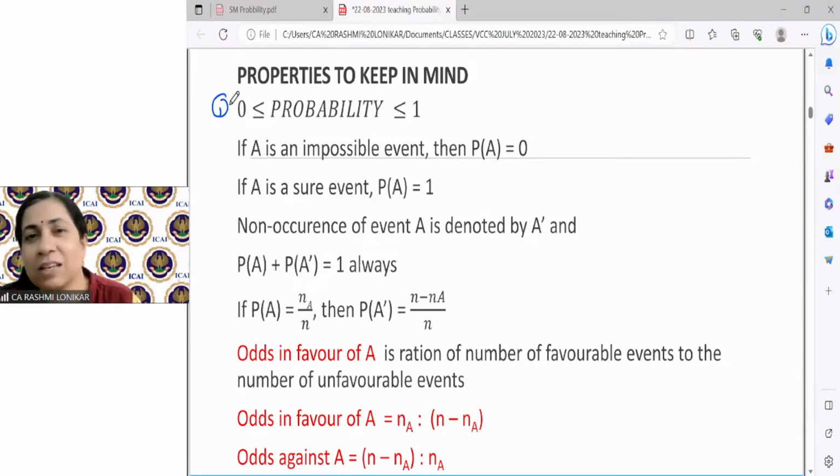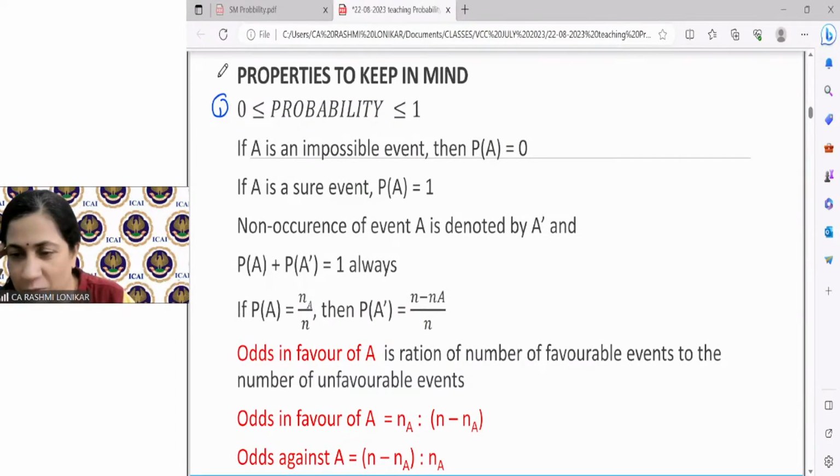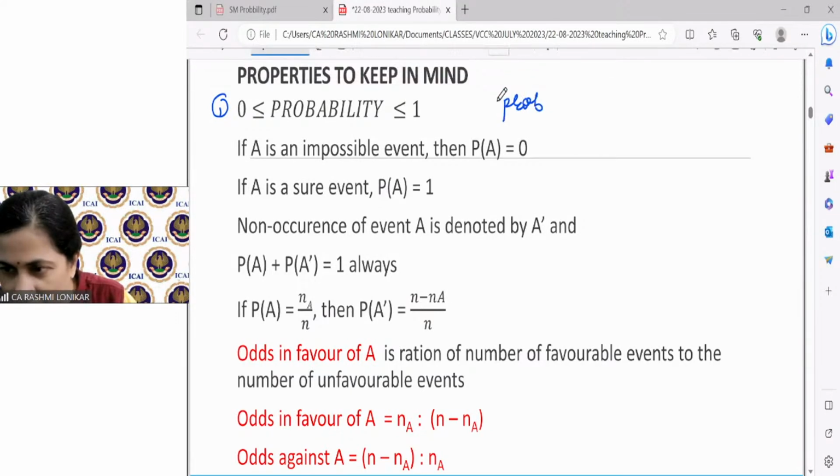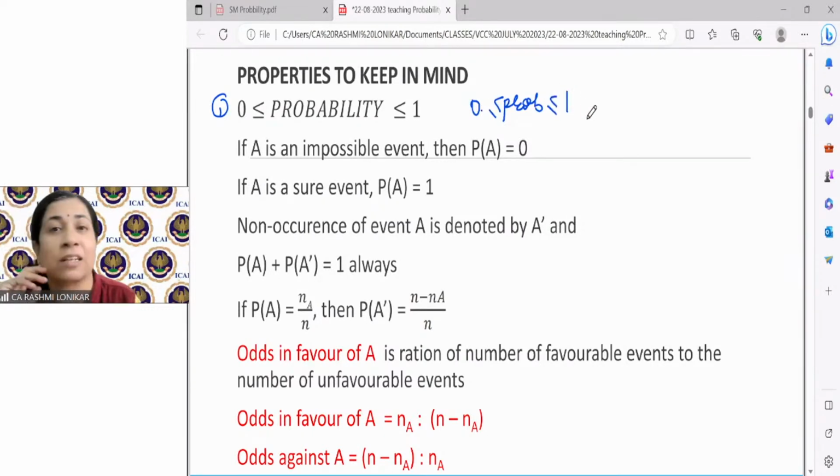So 100% is the maximum, and probability can take the value 0 at the minimum and 1 at the maximum. You cannot have a negative probability. So, 0 to 1.